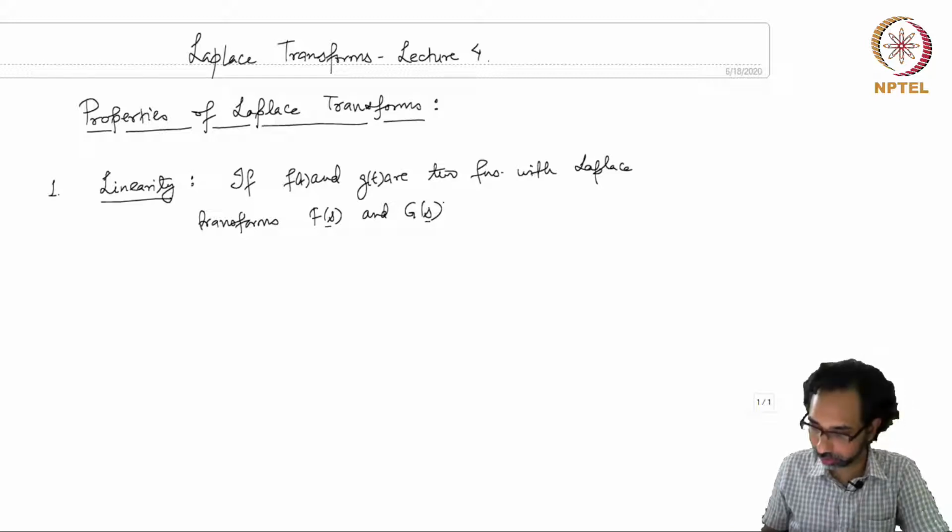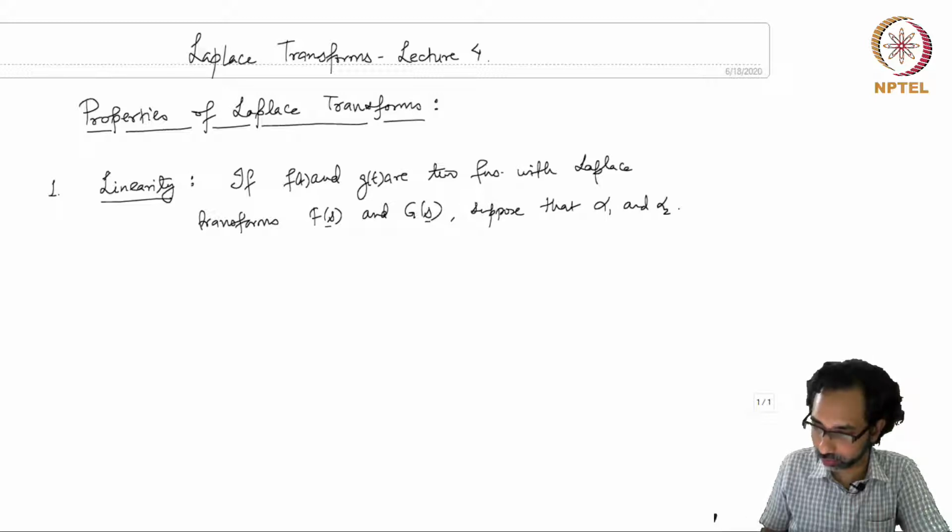Now given two functions f and g with these Laplace transforms, suppose we take constants alpha 1 and alpha 2.